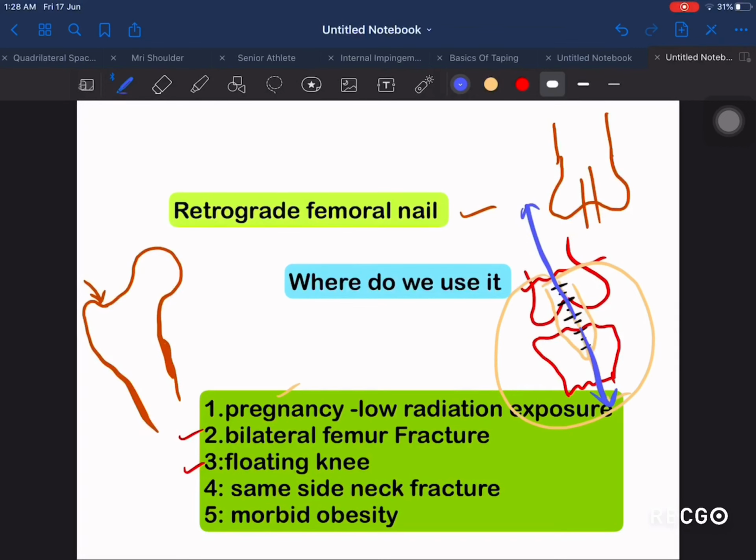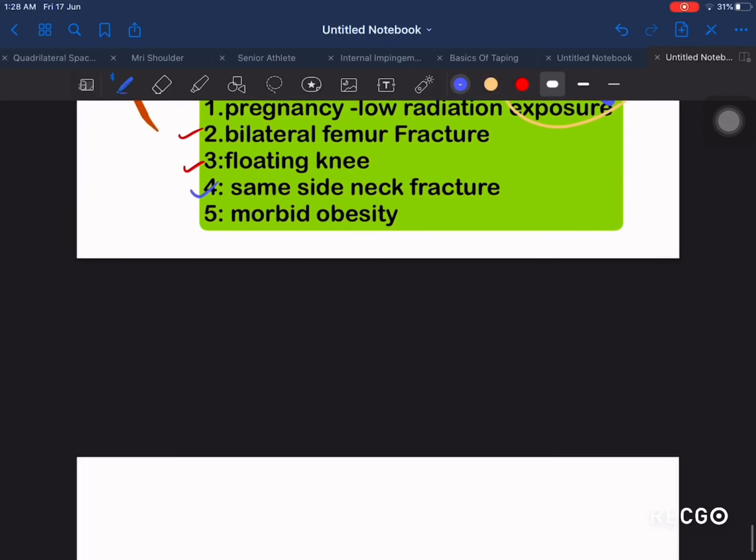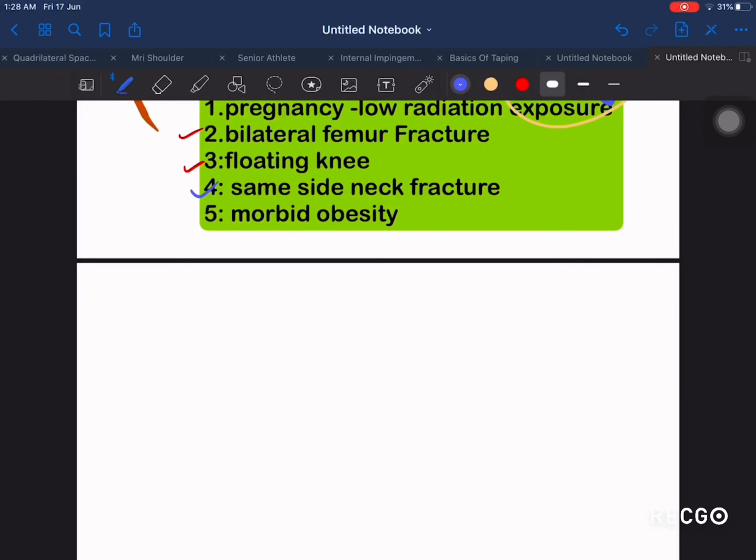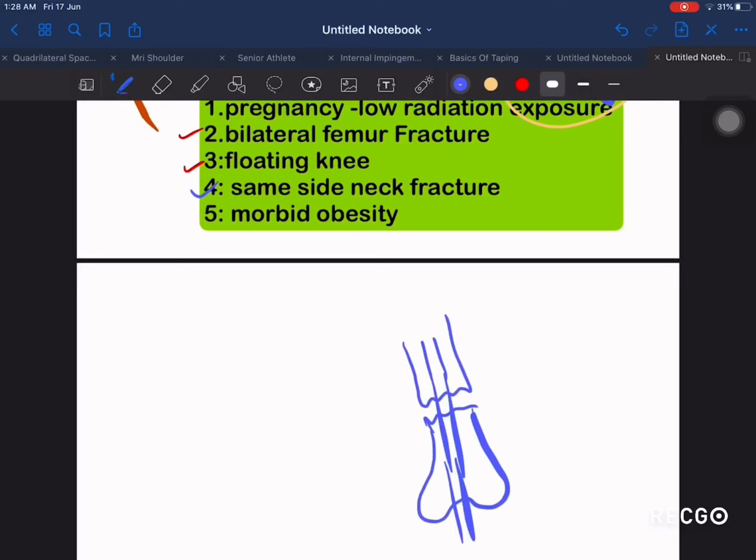And the last one is, if there is an ipsilateral neck fracture, like same side neck fracture, in that case what we can do, we can put the nail from here, like this is the scenario. Okay, we'll put the nail till here and we lock it.